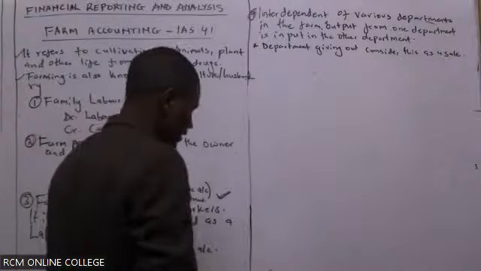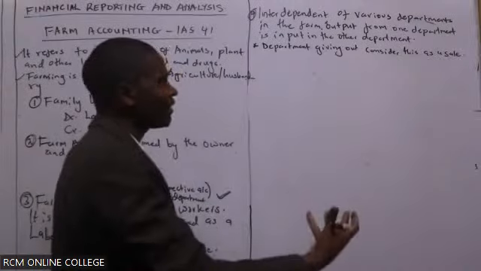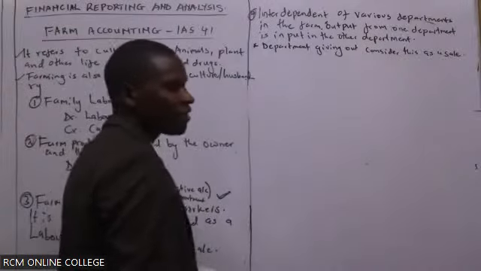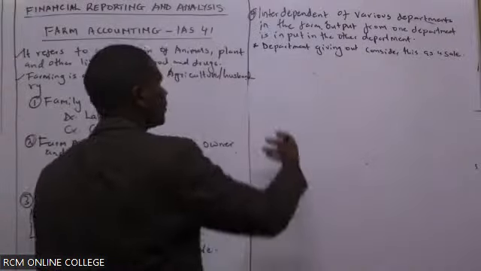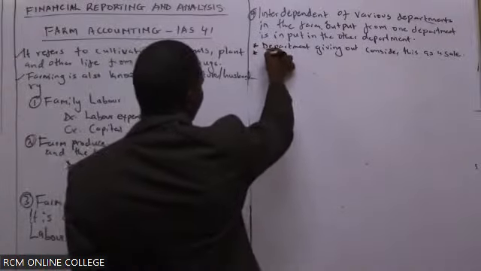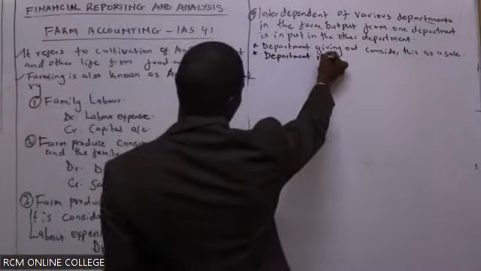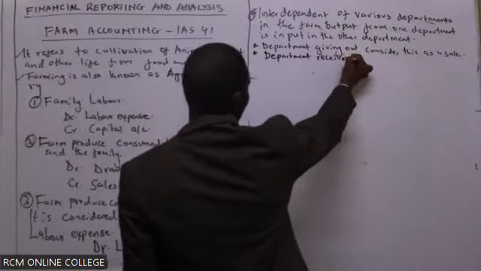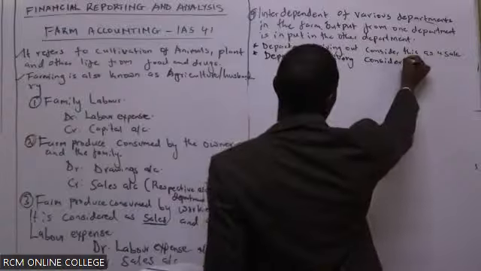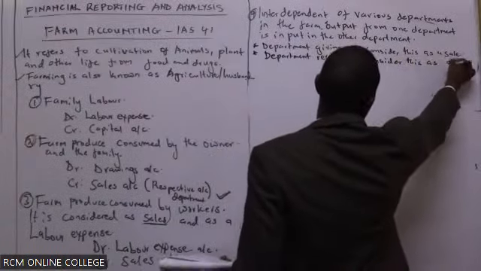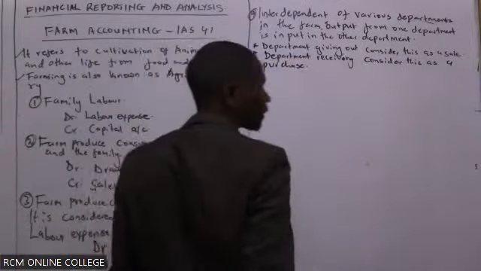So under the sales of that department, we expect it to increase by the amount. They value that according to the market price. Manure inauzwa pesa ngapi? Market price. And then department receiving, consider this as a purchase. And vice versa.